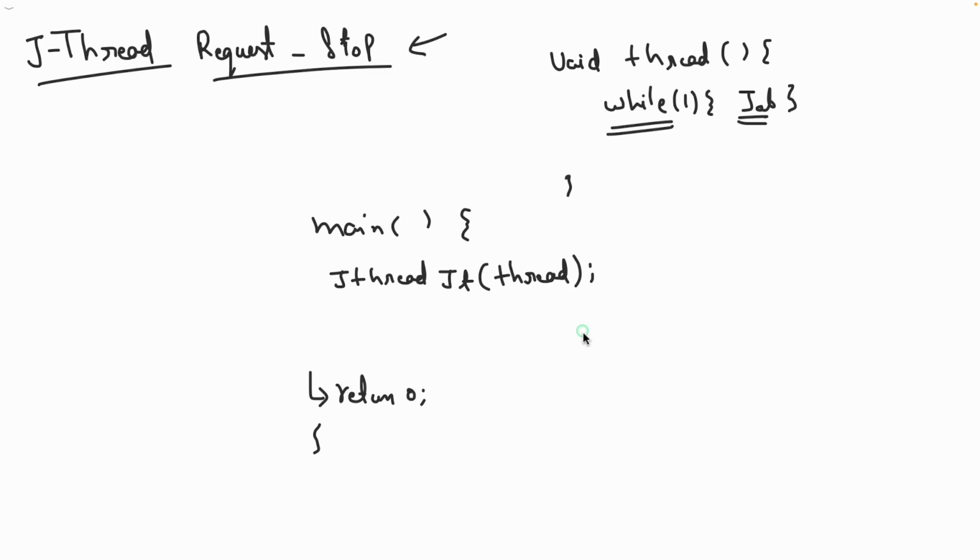That function is called first and then join is called. Using this object, we are requesting this thread to stop. So the thread will know that it has been signaled to return from here, because maybe you have closed the application.